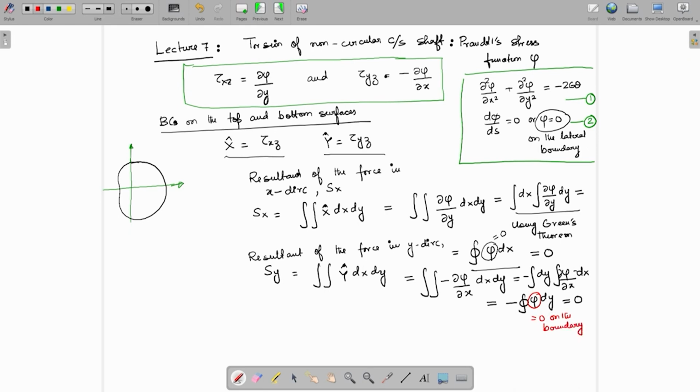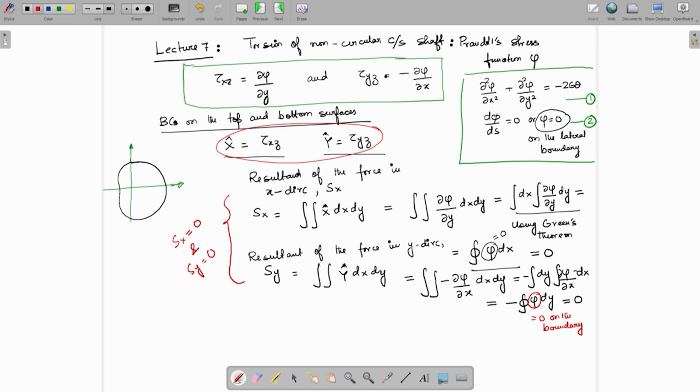Therefore, we can say that Sx is equal to 0 and Sy is equal to 0. So, this boundary condition produces 0 resultant force in x and y direction. So, that boundary criterion is fulfilled.